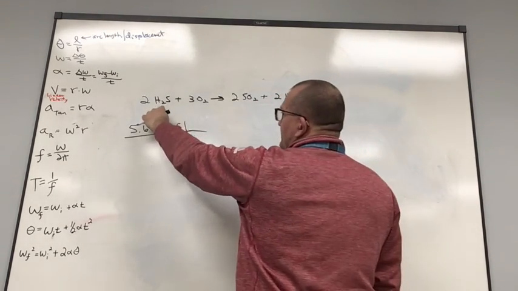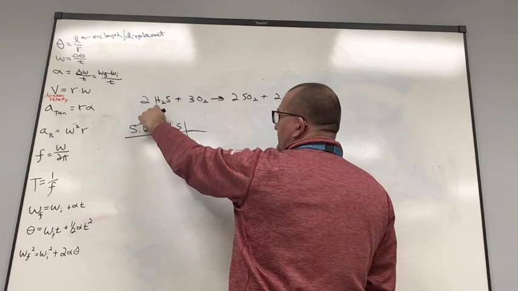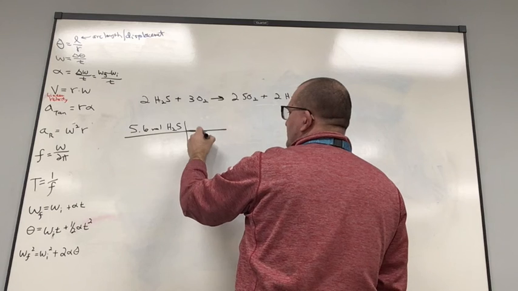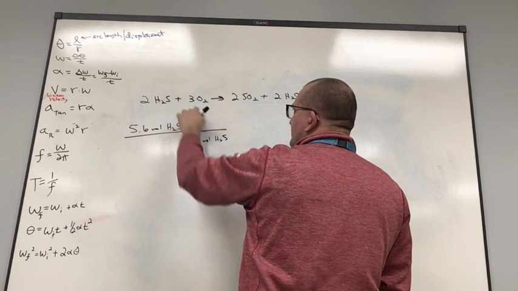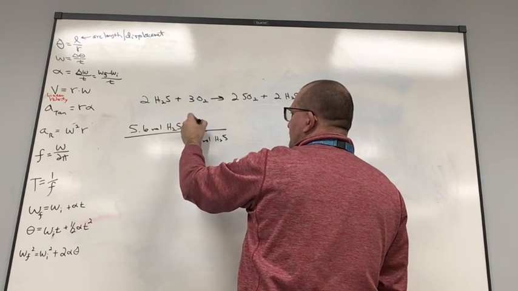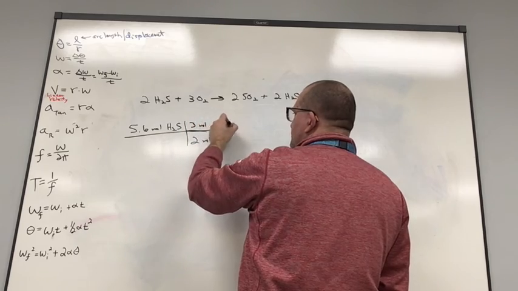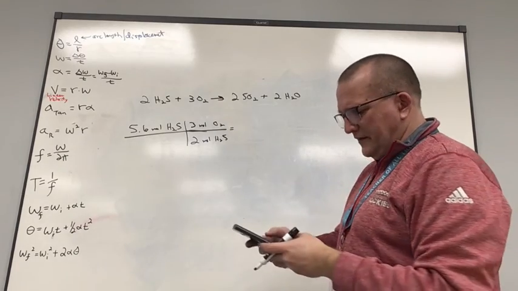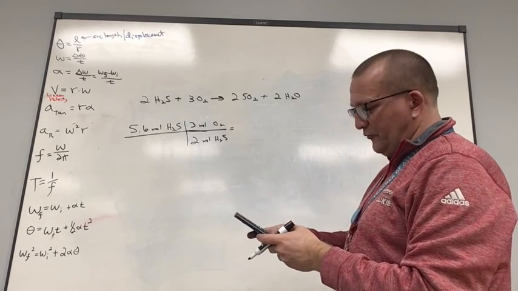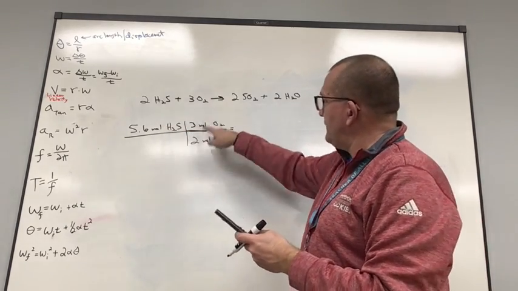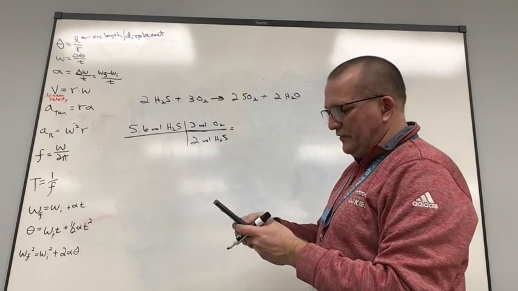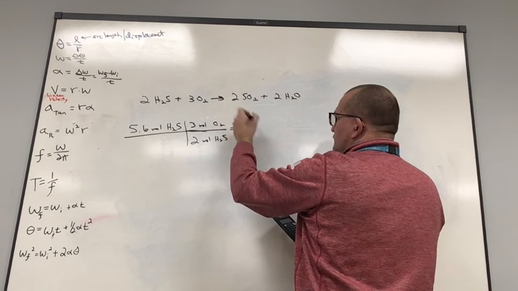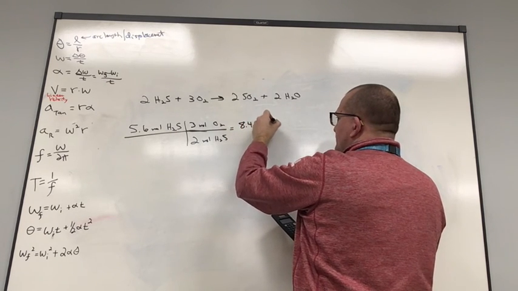Since I start with H2S, I put that on the bottom, 2 moles of H2S, and where I'm going goes on top, 3 moles of O2. In my calculator, I take 5.6 times 3, going across the top, and divide my answer by 2, and I get 8.4. So my answer is 8.4 moles of O2.